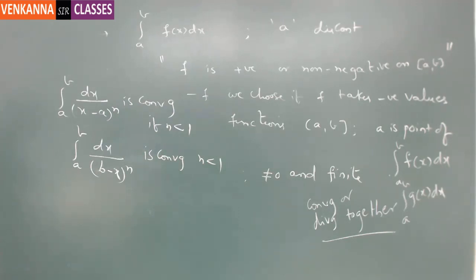So if you are clear, I will go with the first problem, which gives you the idea how to solve it. And what is the value of convergence? Nothing but the limit value.